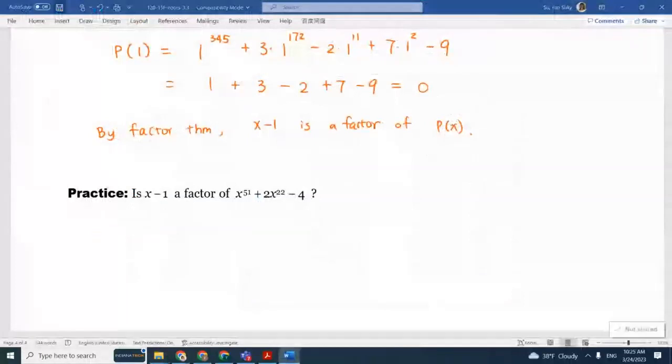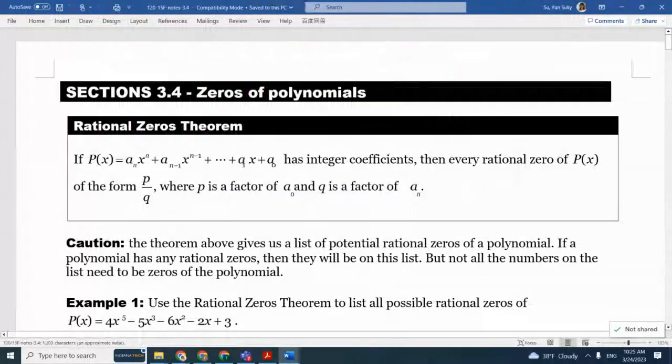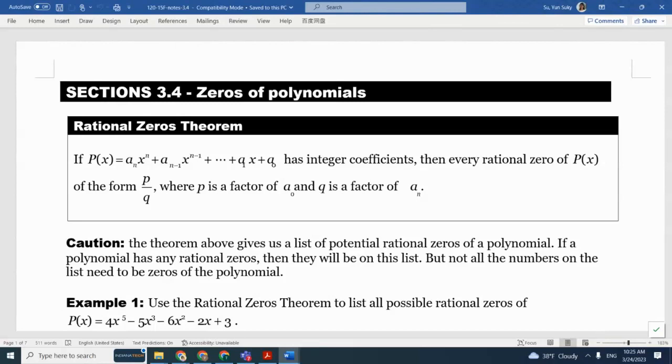Okay, so next one is 3.4, zeros of polynomials. And 3.4 is the last section covered in exam 2. So after this session, you are ready to do your practice exam 2. And promise me, this time, you're going to do your practice exam 3 times. Okay, promise? 3 times, okay?